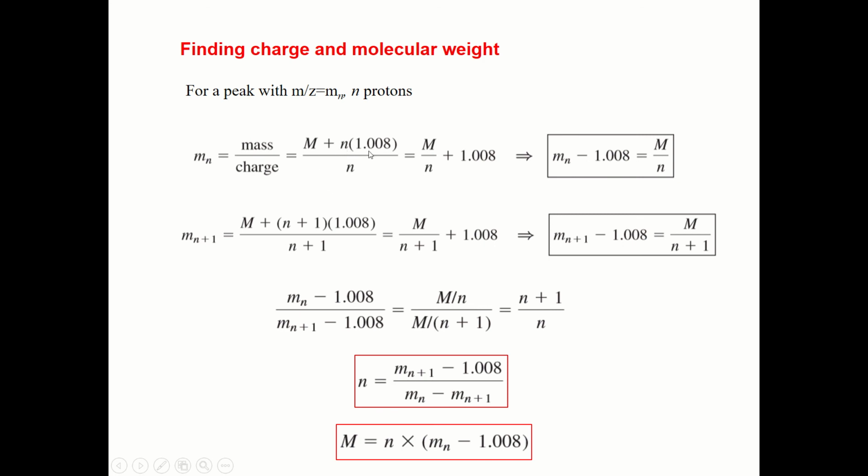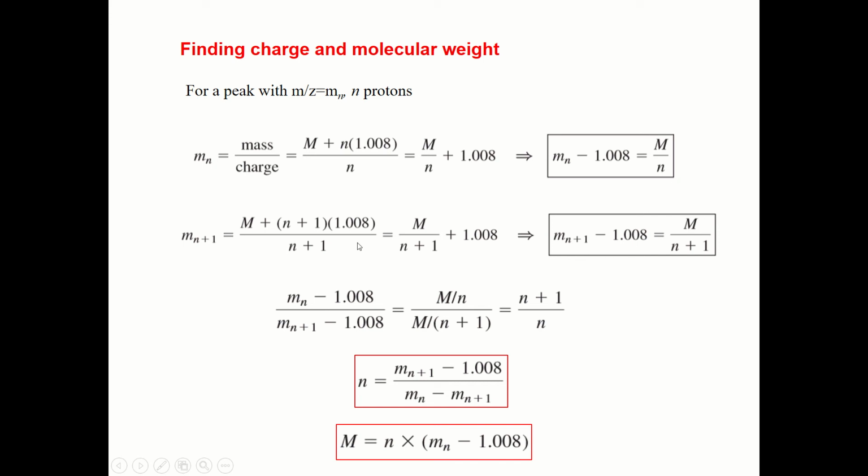This is the M_n peak here, right? Then this gives us the large M over n plus 1.008. This mass is the proton mass.